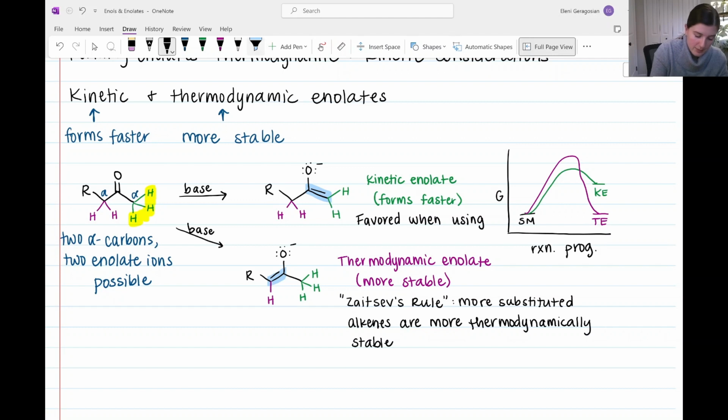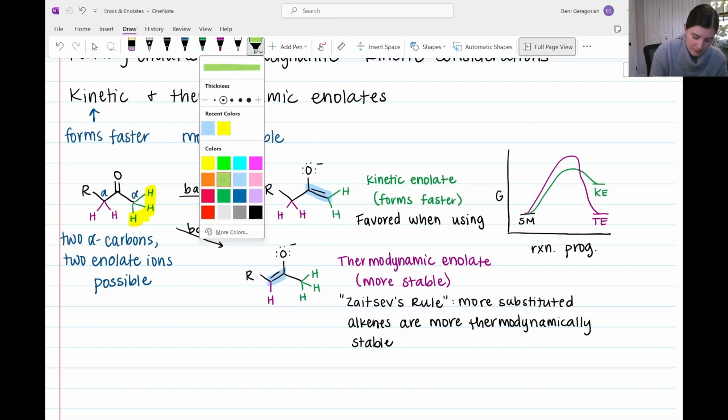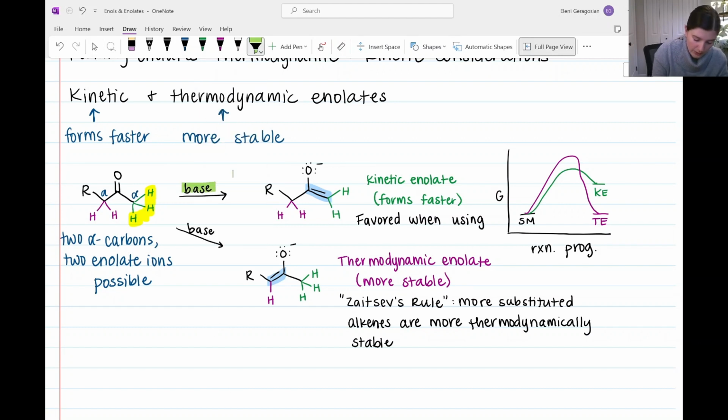when the base that's being added, so we add a base in both cases, when the base that's being added is a large, bulky base. And then the thermodynamic enolate is favored when using a smaller base.